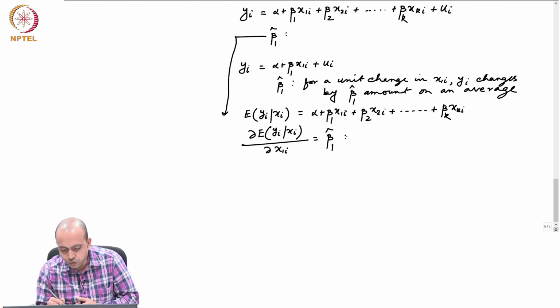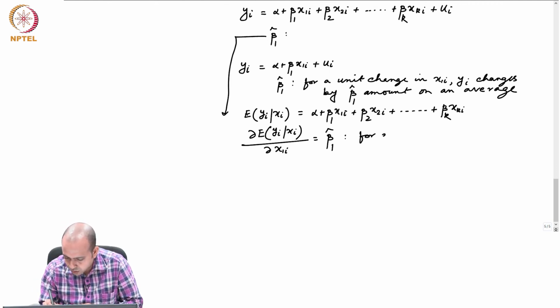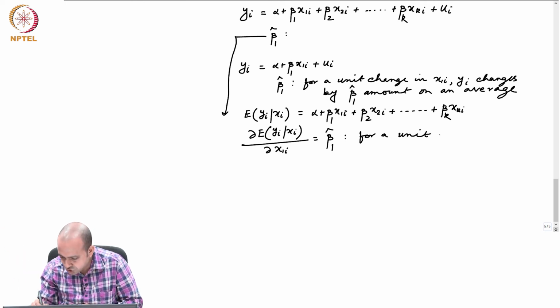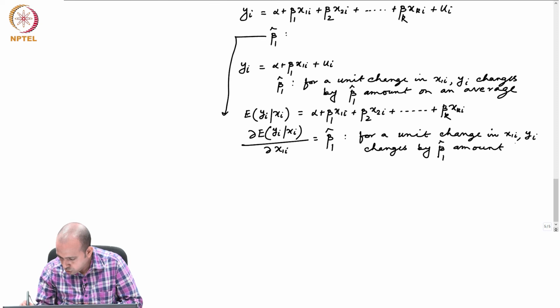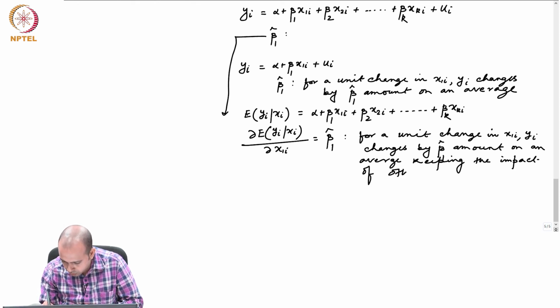So, that is why the explanation would become: for a unit change in x1i, yi changes by beta 1 hat amount on an average, keeping the impact of other factors constant.